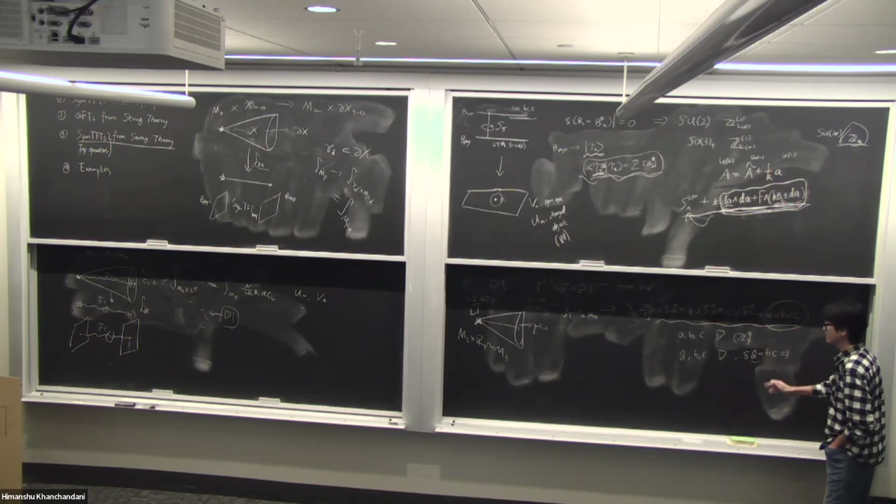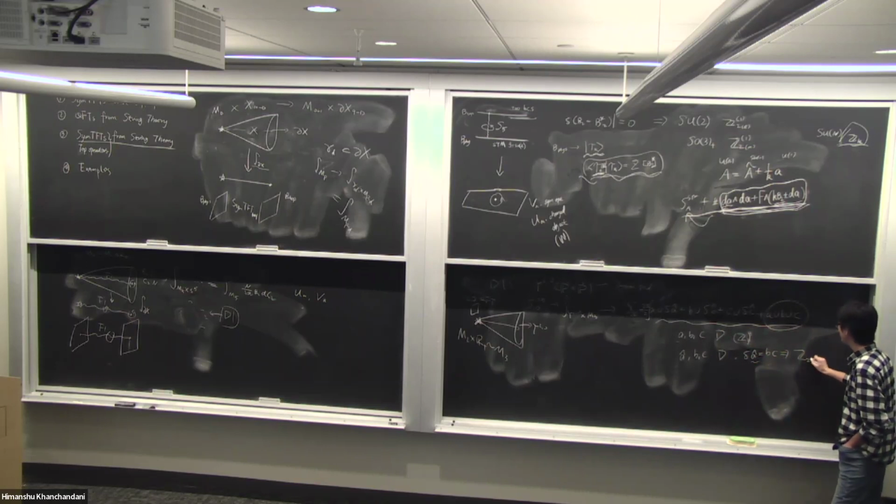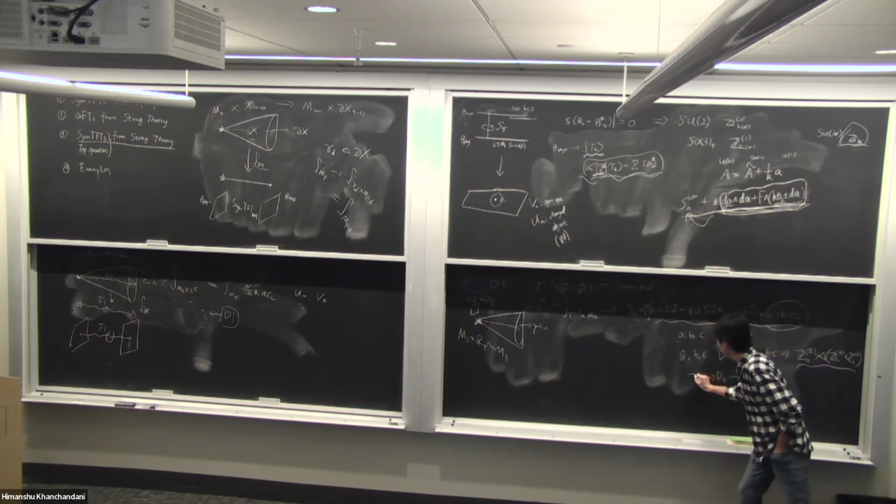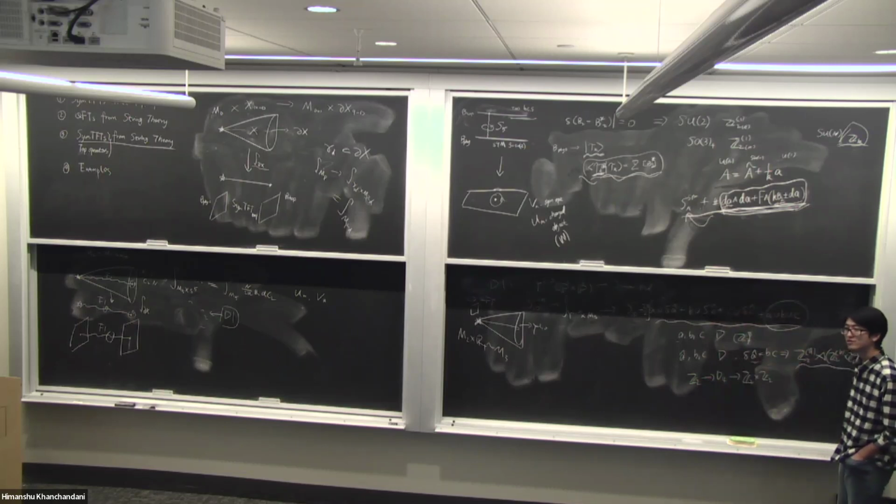This tells you the global symmetry you're ending up with is G2B times G2C. Sorry, it's a group extension. This is a D4 symmetry due to the central extension.